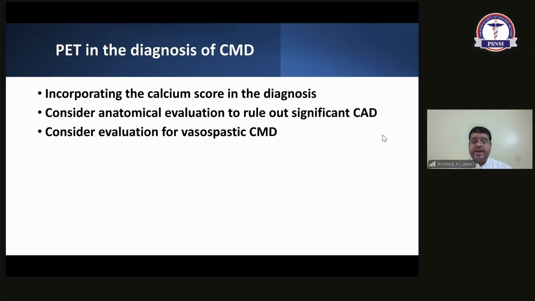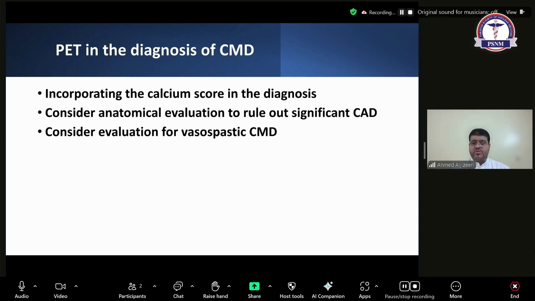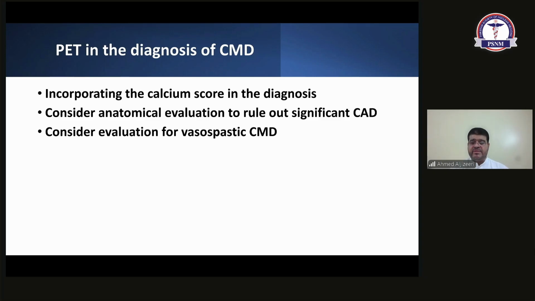And then we have to remember that PET only evaluates patients with impaired vasodilation, which is one end of the spectrum of microvascular dysfunction, and the other end is actually the vasospastic, which is increased vasospasticity, which unfortunately we cannot do with PET.